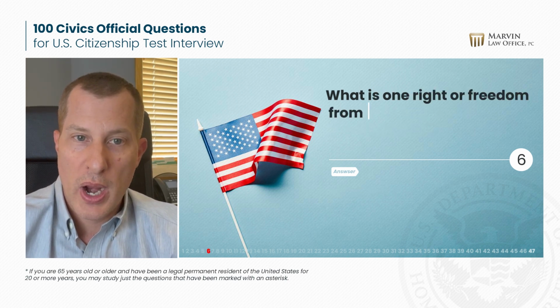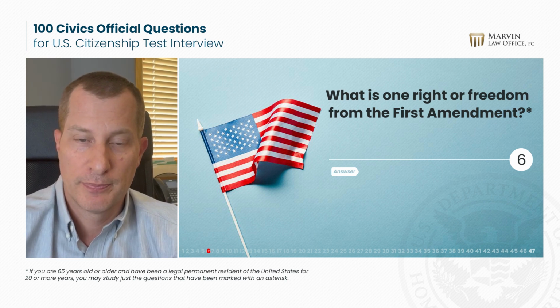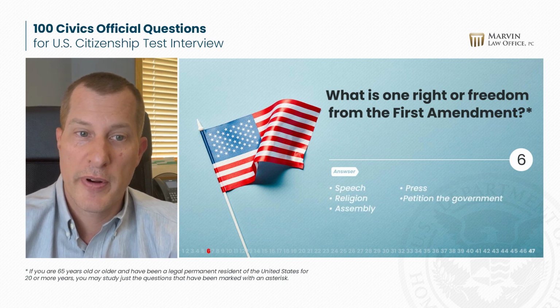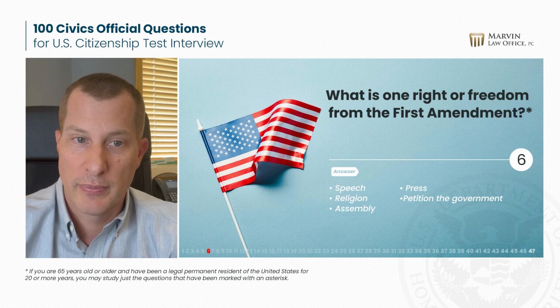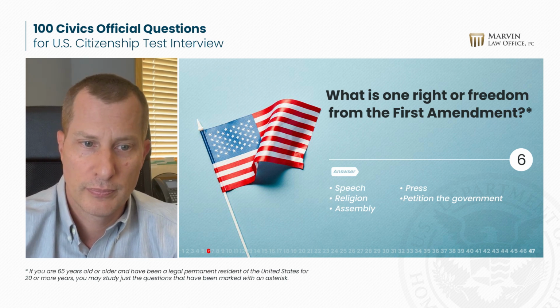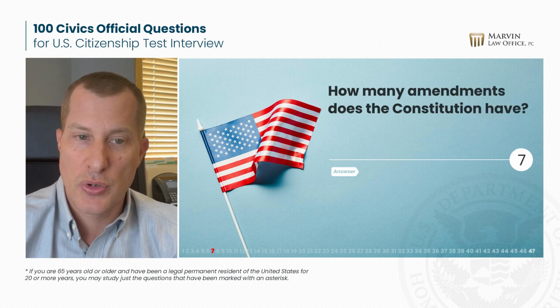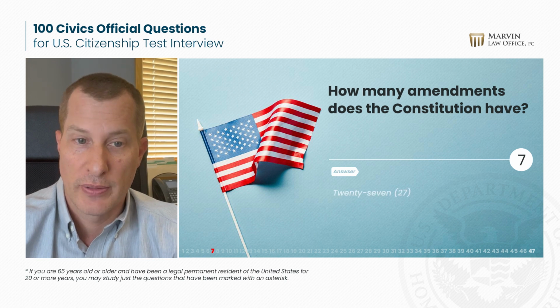What is one right or freedom from the First Amendment? Freedom of speech, freedom of religion, freedom of assembly, freedom of the press, freedom to petition the government. How many amendments does the Constitution have? 27.